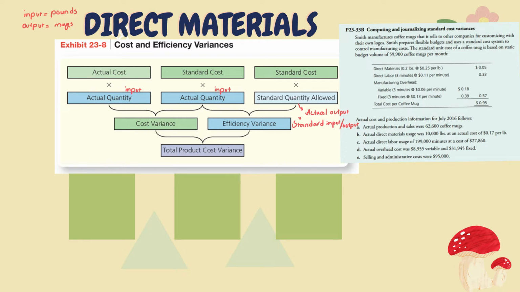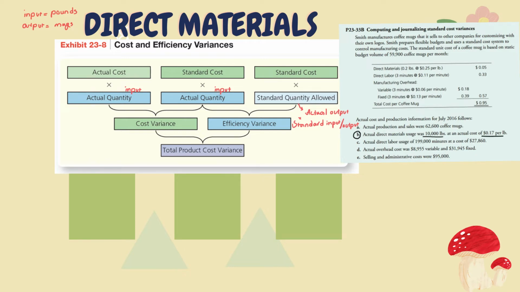For the first one, I need actual input, which is the actual amount of pounds, and I need to multiply it with cost per pound. The actual data for direct materials was given in B. Actual direct materials usage was 10,000 pounds at an actual cost of 17 cents per pound.